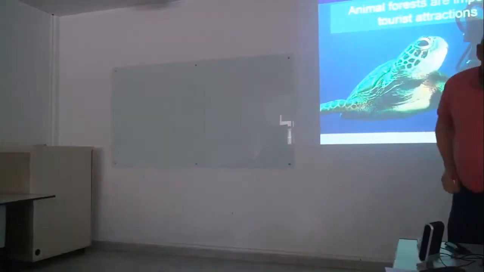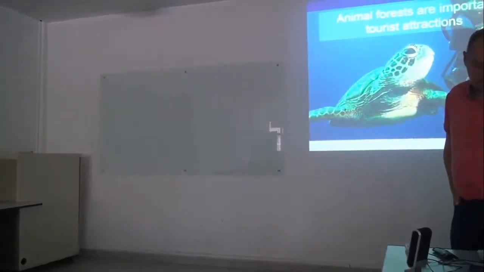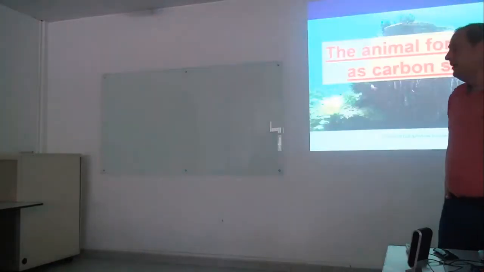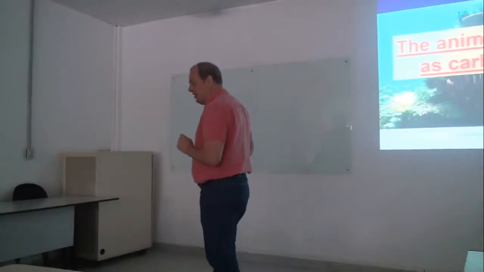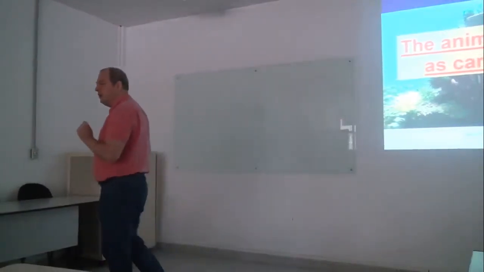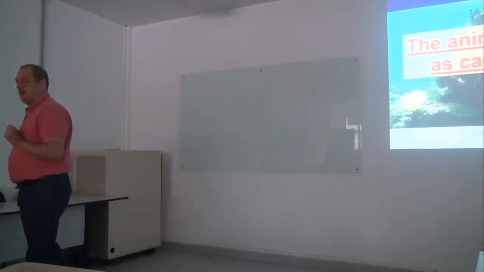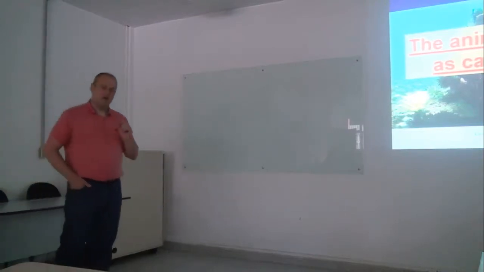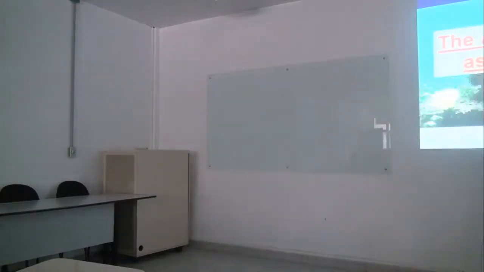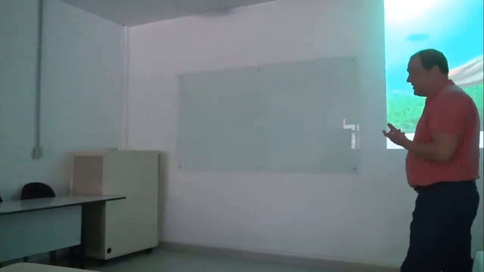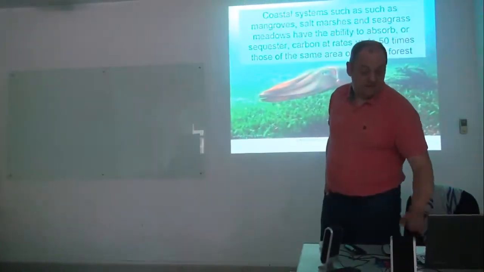One of the most neglected parts of the animal forest ecosystem services is this one. Marine animal forests act as carbon sinks. They are really carbon sinks. They are part of the system of carbon cycling and carbon storage all over the world. We do have some numbers about, for example, other coastal marine forests.